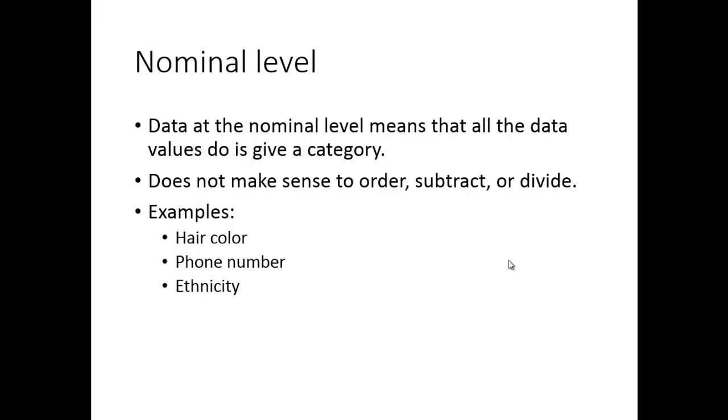You're not going to subtract or order these in any way. You could do type or genre of music. If you look at rap music versus country music versus blues versus rock versus classical, you can't really subtract, order, or divide. This is really just a name. We're putting these into a category.